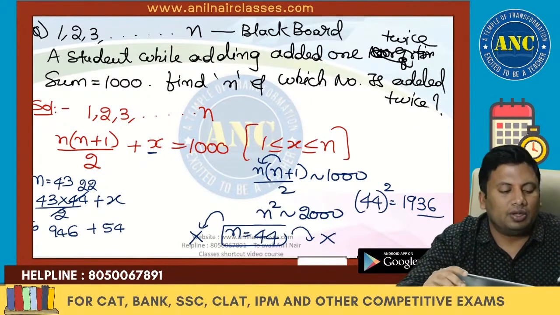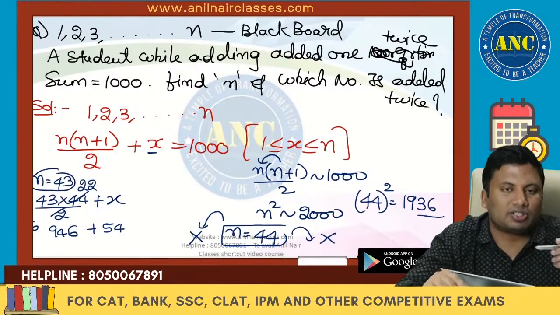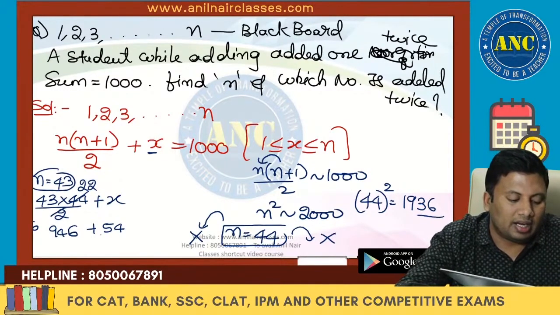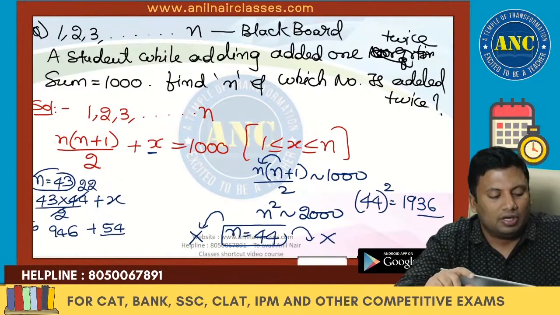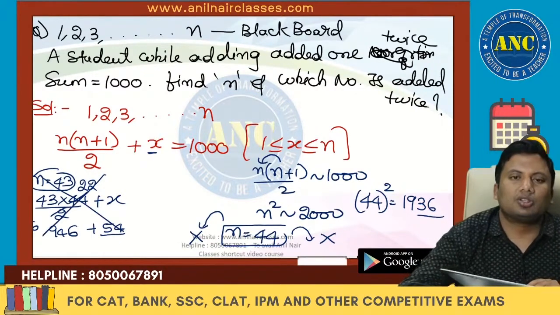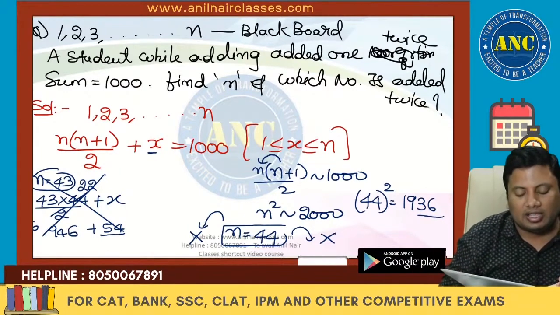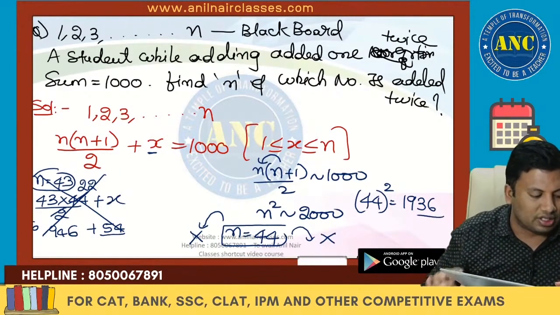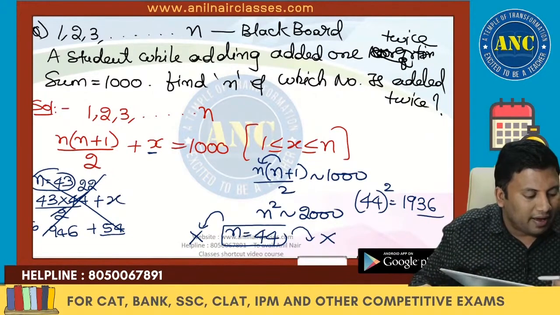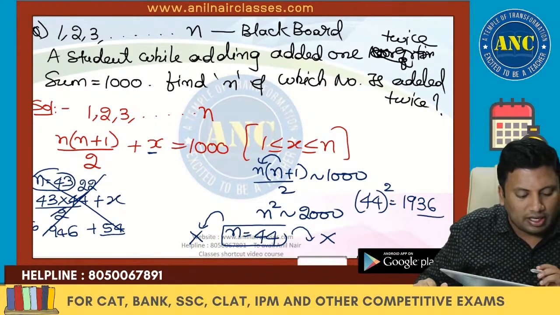I am telling you that there are 43 numbers on the board and the number I am adding twice is 54. This is illogical. So n equivalent to 43 is eliminated. Any value less than 43 is also eliminated.